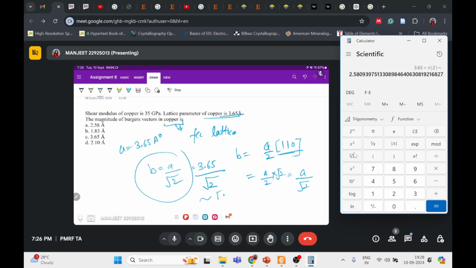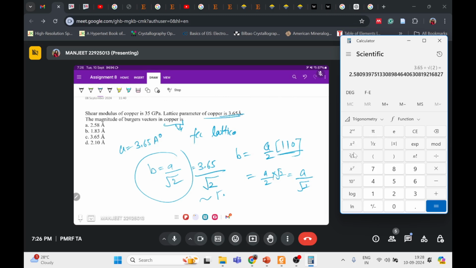The shear modulus is represented by G, and the magnitude of the Burgers vector by b. In dislocation theory, because of the dislocation there is a shear modulus, and the energy stored in the dislocation per unit length is proportional to G b squared.